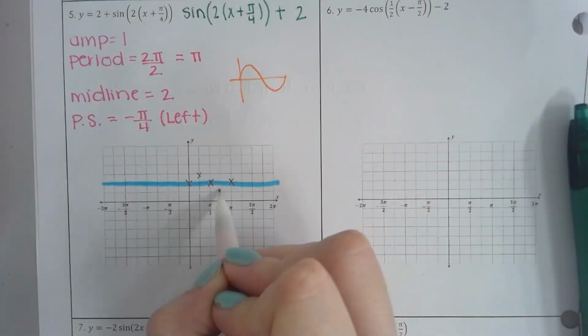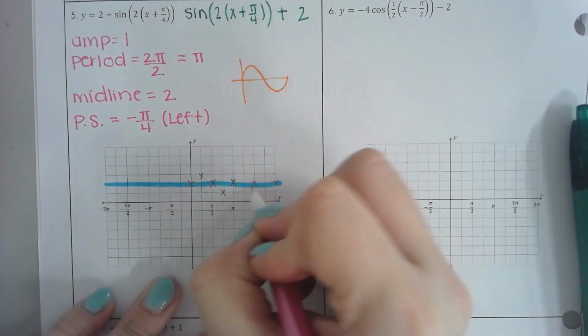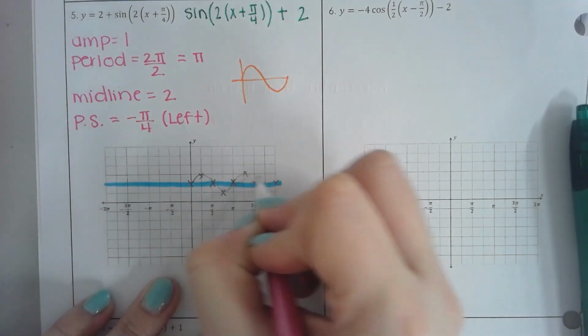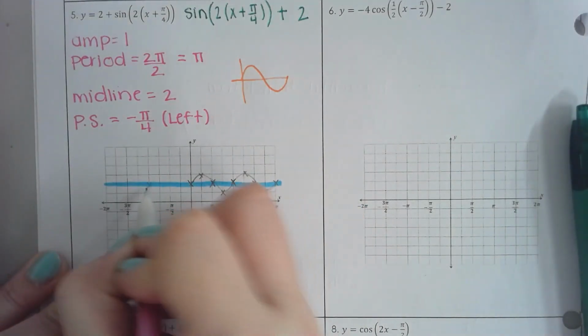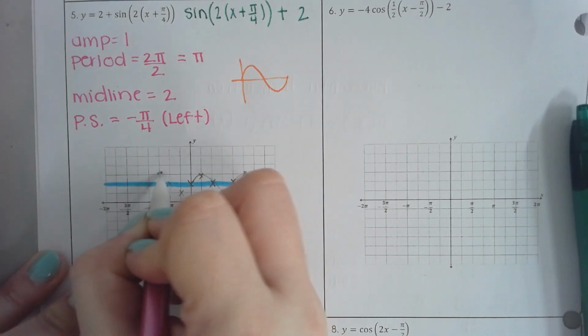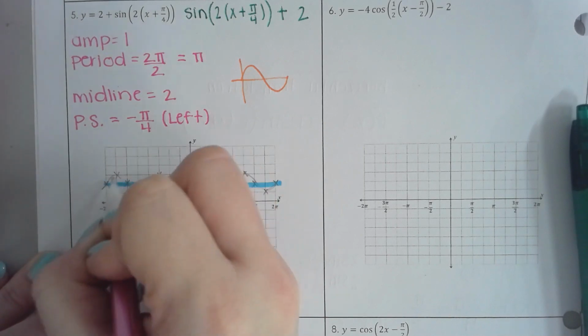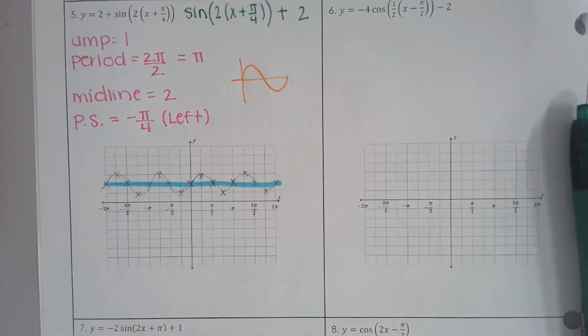The other halfway is down 1. Do this real lightly, and you could even go in and erase this because this truly is not your answer. This is just our step into getting our final answer.